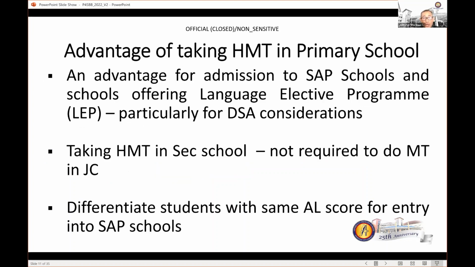First of all, many of us would know that higher mother tongue, in terms of higher Chinese, will give our children an edge in their admission to SAP schools.